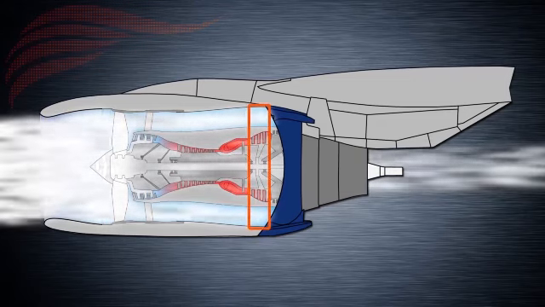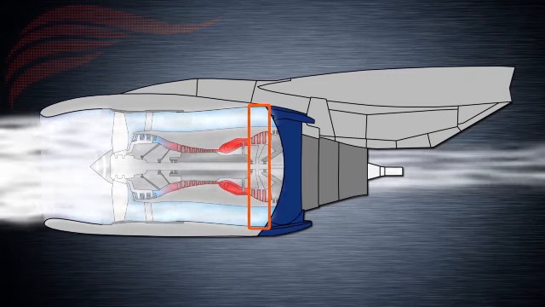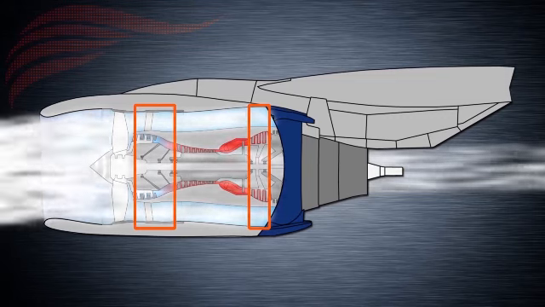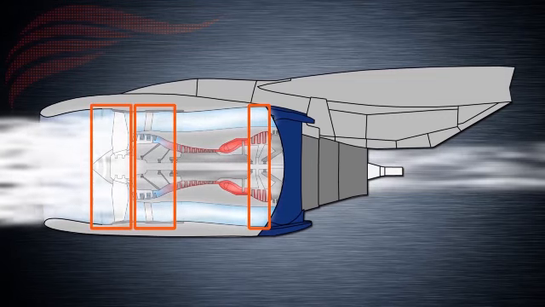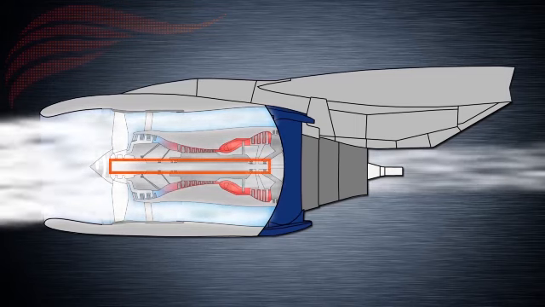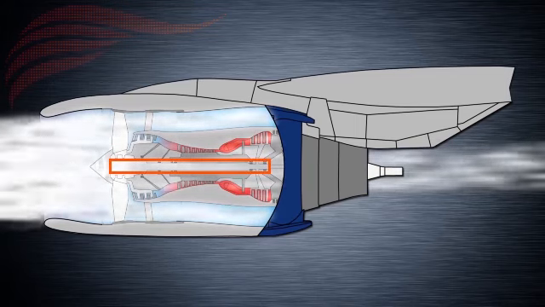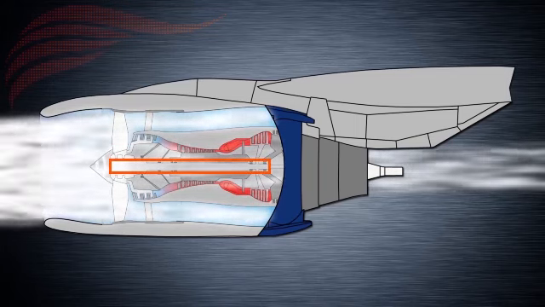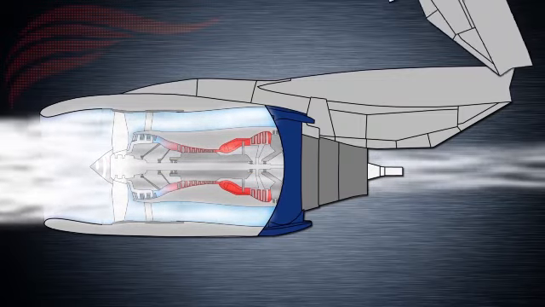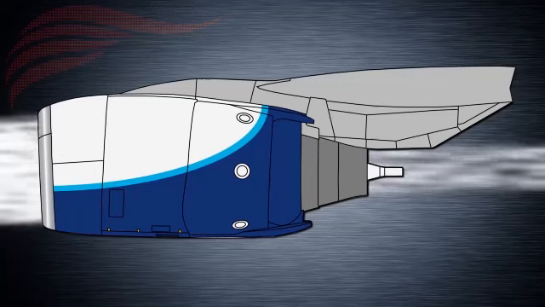This turbine has 4 stages and moves the low-pressure compressors, or booster, and also turns the engine fan. The fan, booster, and low-pressure turbine are linked with a shaft that is mechanically independent from the high-pressure shaft we mentioned earlier.